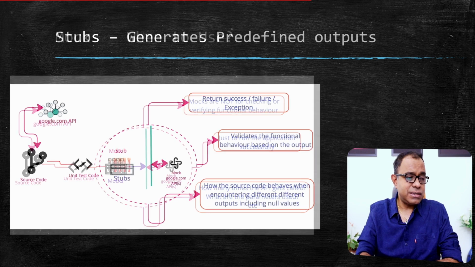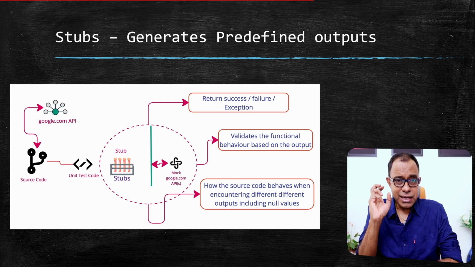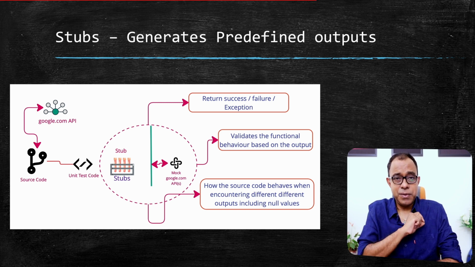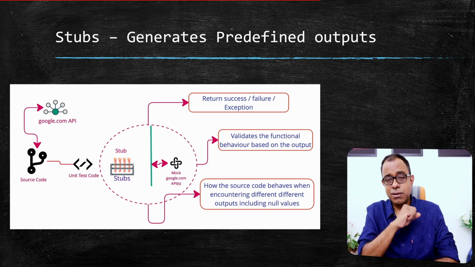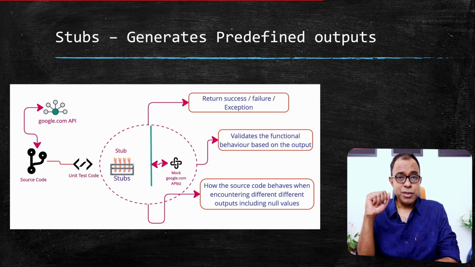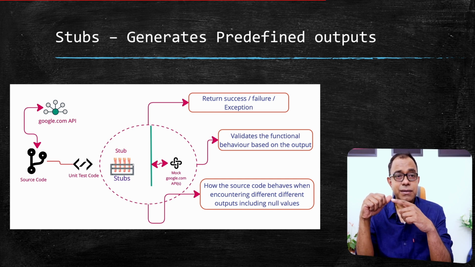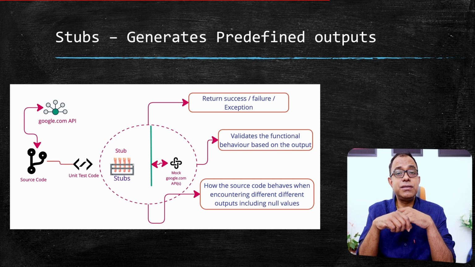Let's talk about stubs. Stubs are nothing but entities which can generate predefined outputs, which means that if you want to connect to, again, let's say google.com API or maps.google.com API, you should be able to check what your response will be if you get a null response or a valid response or invalid response, or for example the server is not reachable.